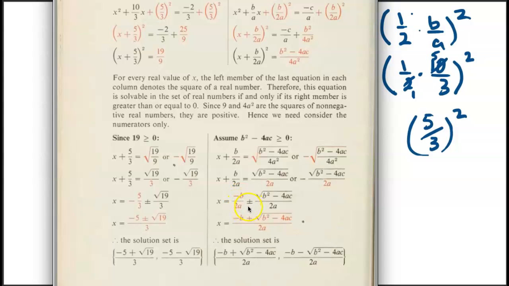We have the plus minus our radical over 2a. Well, now we have common denominators, so let's just write the numerator over a single denominator. We have negative 5 plus or minus square root 19 over 3. Over here we have negative b plus or minus square root b squared minus 4ac over 2a.